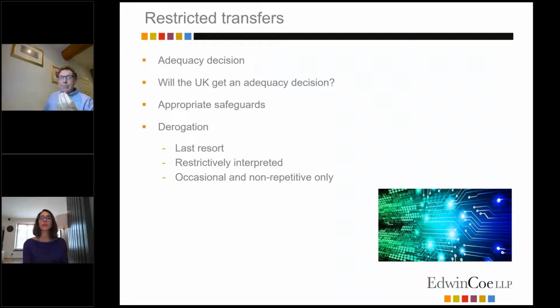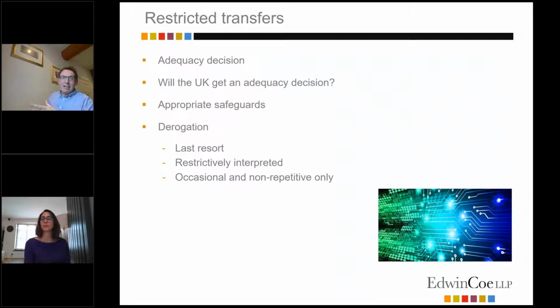In terms of derogations, I think it's just important to say that this is very much the last chance saloon, last resort. You really shouldn't be relying on these, as of course the European Data Protection Board has consistently said this really is last resort stuff. They tend to be restrictively interpreted, and they're certainly not for regular flows of data.